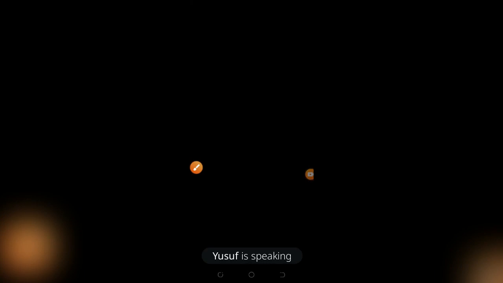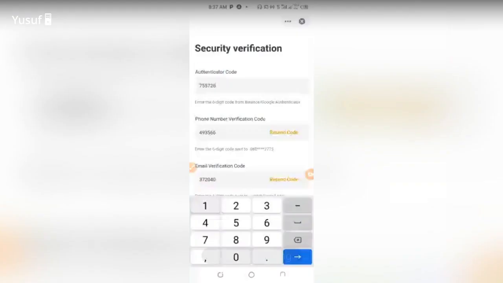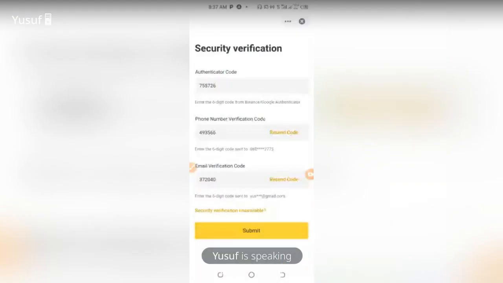Some people may name it Binance, like this for Bybit. You can say I name it Bybit, SuperX, Fluid, CoinW. Now the one I'm using for Binance is the first one. So I'll just copy it and come and paste it here. Paste. After pasting it, then you click on submit.